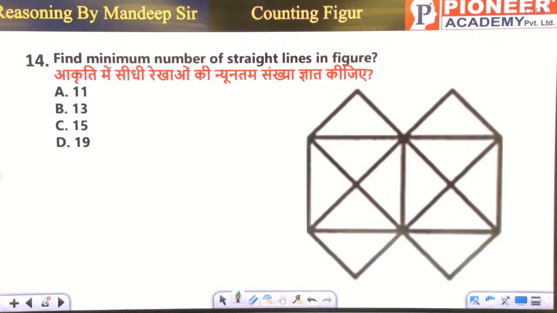Abbas. What is the answer? 13? Shabash. 19.